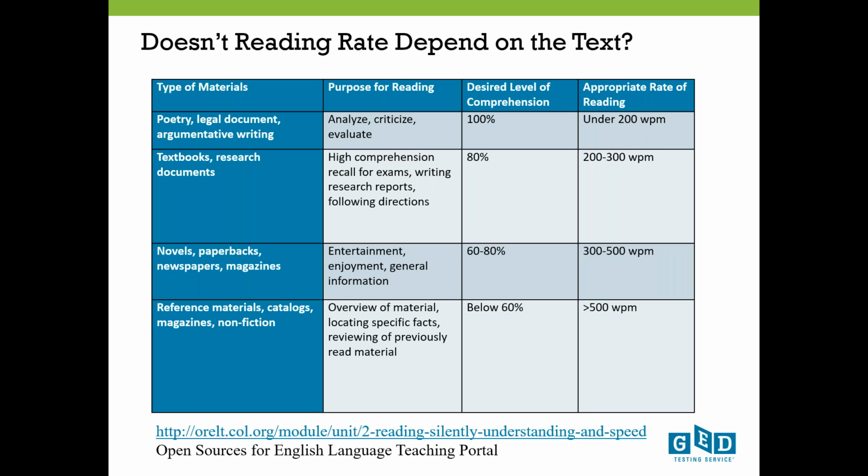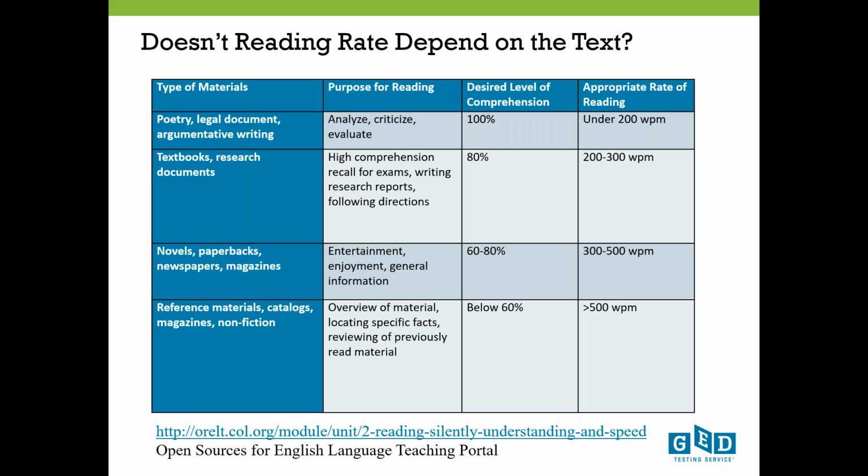But some of you may say, your reading rate depends on the text that you're reading. And you are absolutely correct. If you're doing something like a legal document or some argumentative writing, you want to understand the full thing, 100% of what you're reading, your reading rate is going to drop down.